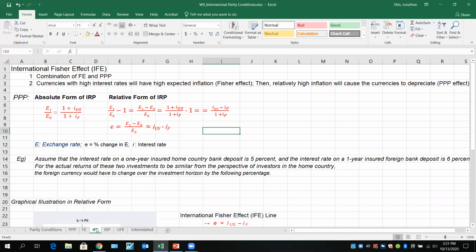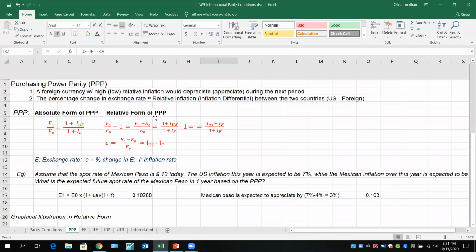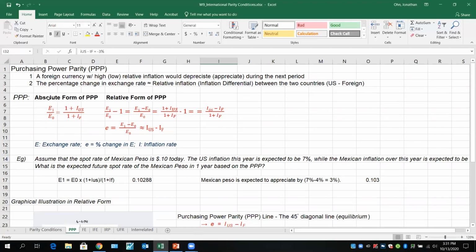Now the international Fisher effect combines the Fisher effect and purchasing power parity. Look at this. Purchasing power parity shows E1 over E0 is equal to 1 plus I US over 1 plus I F, where this is inflation.